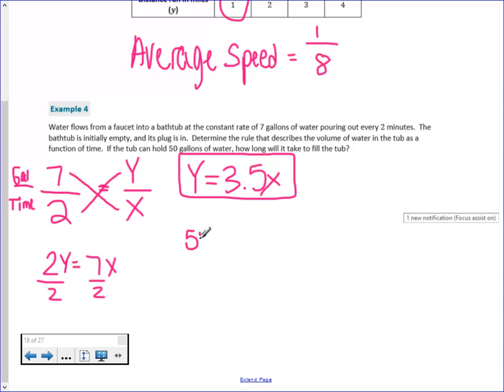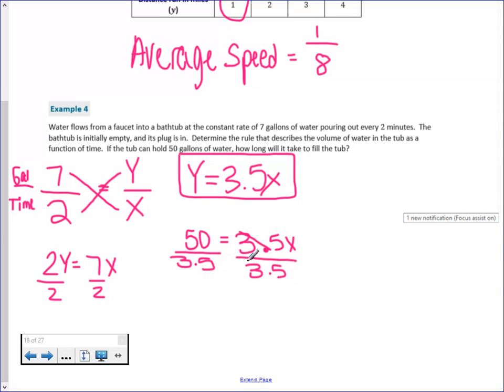So 50 equals 3.5x. This is going to tell us how long it would take to fill up a 50-gallon bathtub. This is a one-step equation. The only thing I have to do to solve for x is divide by 3.5. So we all have calculators.